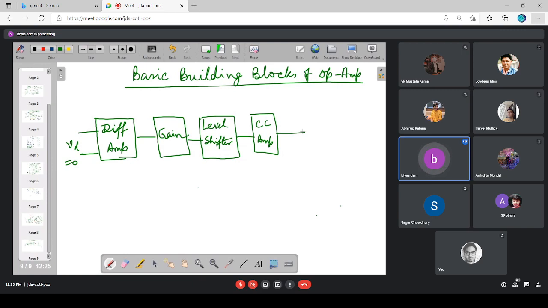It is not happening because the level shifter was designed with certain assumed parameter values for the difference amplifier stage, gain stage, level shifter stage, all these stages. All the components that would be fabricated were assumed to have certain parameter values.